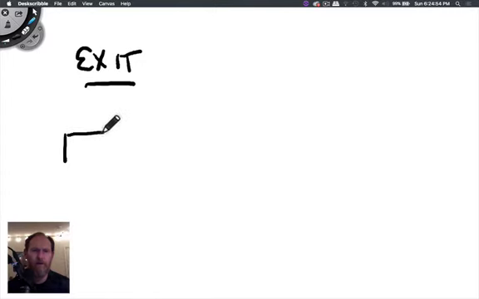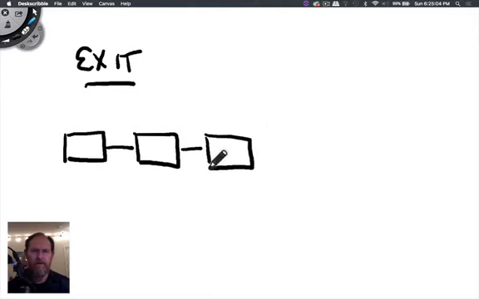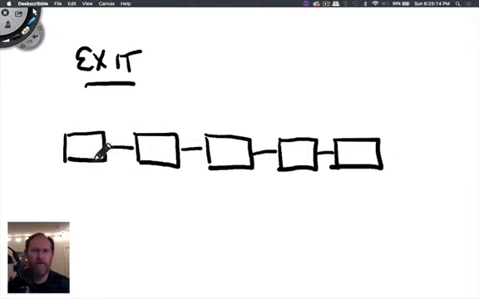So we may draw a system and it may have a number of stations. Let's say this particular system, whether it be production or service, has 5 stations.